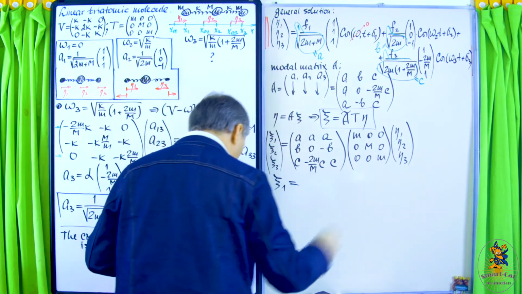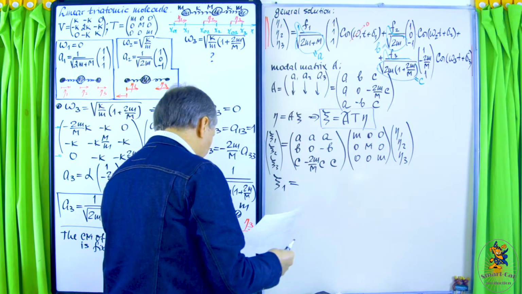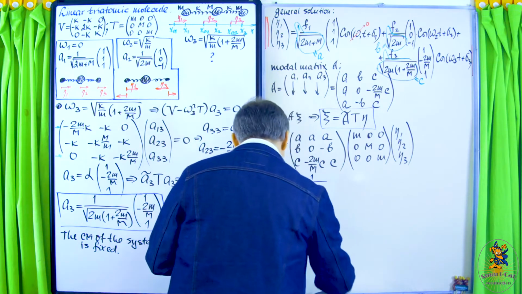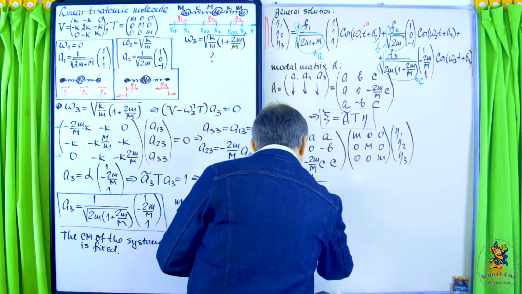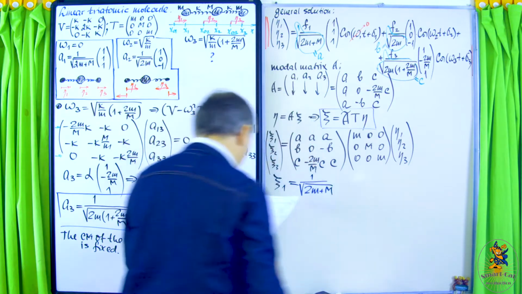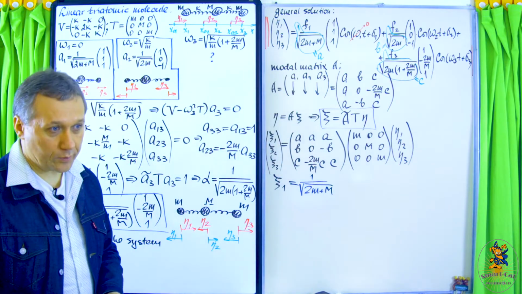So again, if you go through this, I will just grab my notes and rewrite the linear combination of these etas, which we need to construct in order to get the first normal coordinate, psi1.